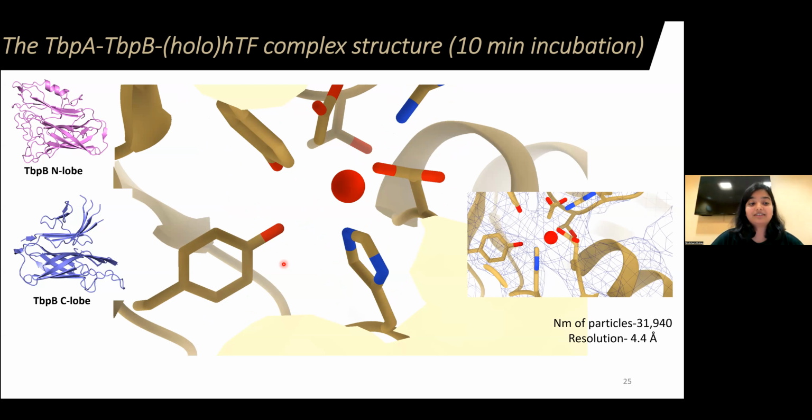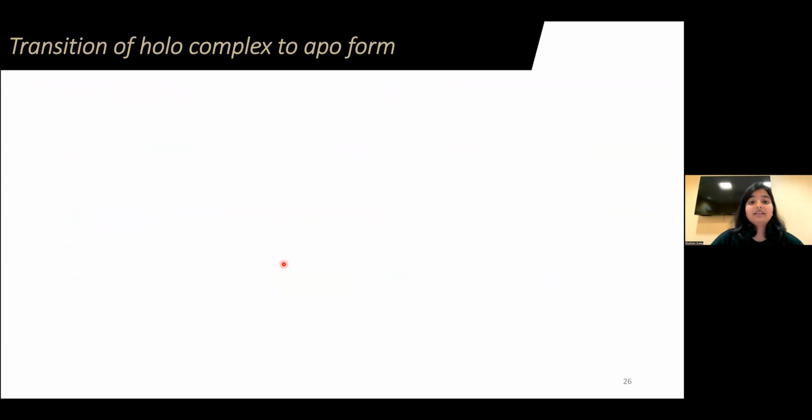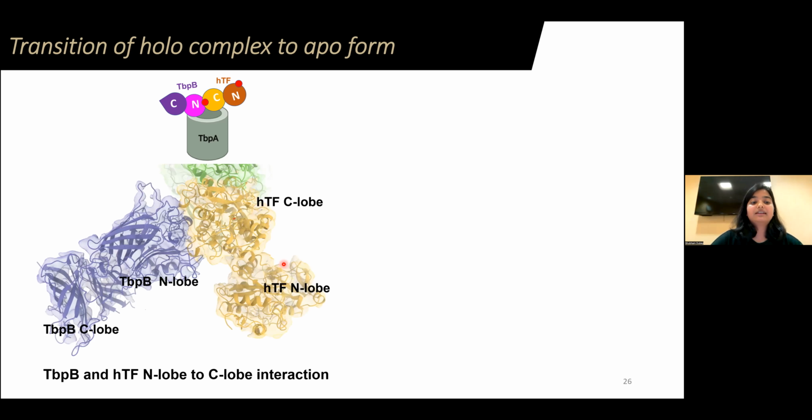That was really exciting. And now that we have the iron bound form and non-iron bound form, I would like to revisit the molecular interaction of TbpB and transferrin. So here I'm showing when the iron is bound to transferrin, the N lobe of TbpB interacts with the C lobe of transferrin, which is the classical reported interaction between TbpB and transferrin.